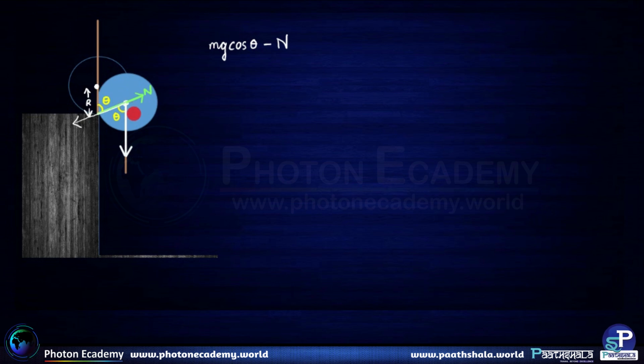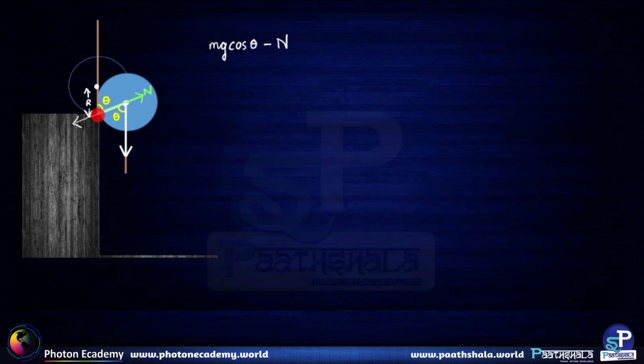Now this arc is also an arc of a circle whose center is at this point of contact or the critical point. So I am talking about this particular arc. The center is following this particular arc, and this happens to be the center of the circle of which this arc is a part.